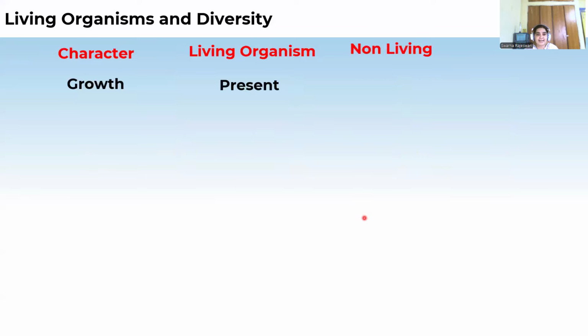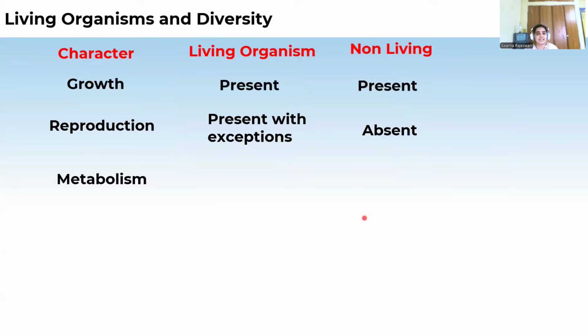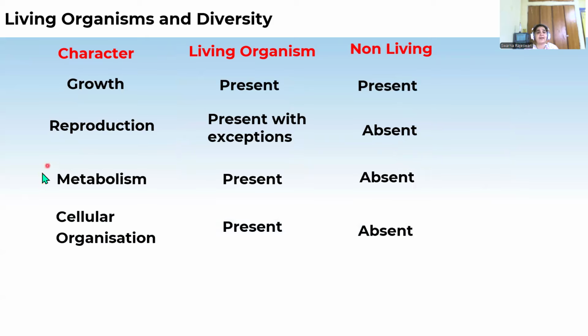We will see which characters are present in the living organism and which are not present in the non-living. Growth is present in living organisms, and we can see growth in non-living objects also. Reproduction is present in living organisms, with some exceptions, but it is absent in non-living ones. Metabolism is present only in living organisms.